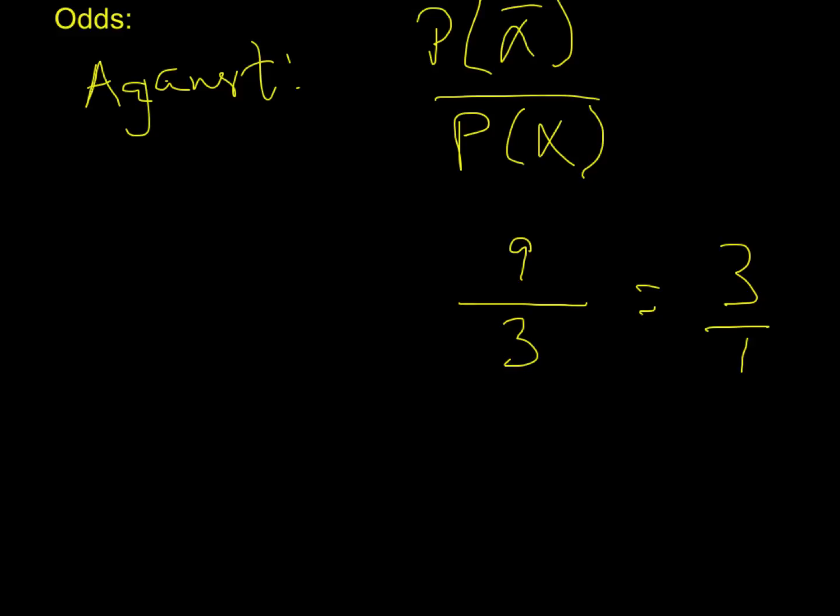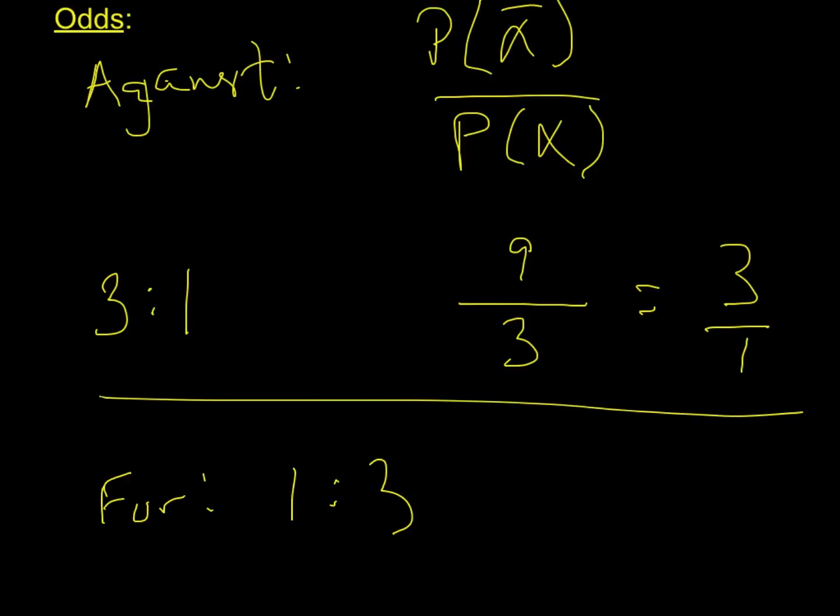So the odds against picking a red marble are written as 3 colon 1, and we read that as 3 to 1. Conversely, odds in favor is simply the reciprocal of this number, so the odds for, or in favor, is simply written as 1 colon 3 and read as 1 to 3.